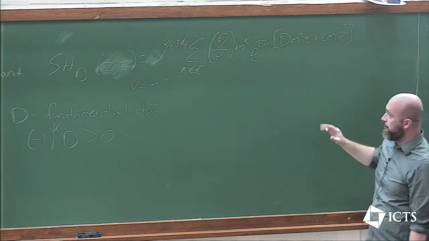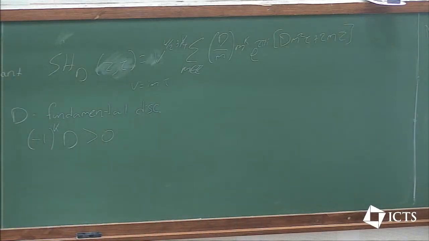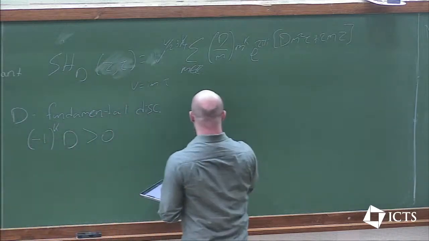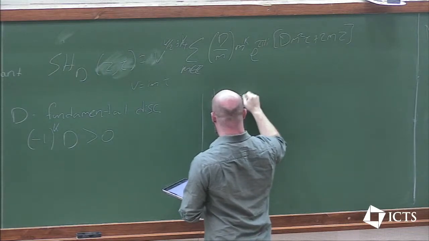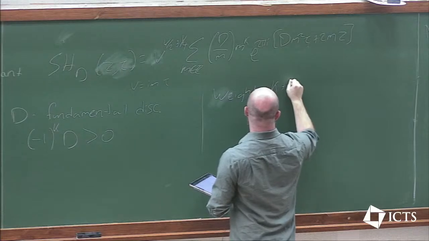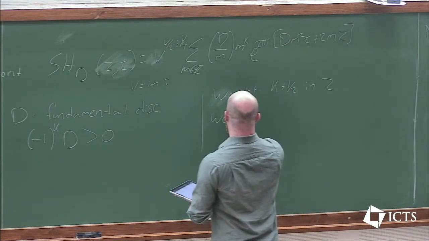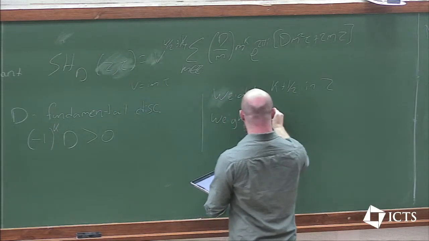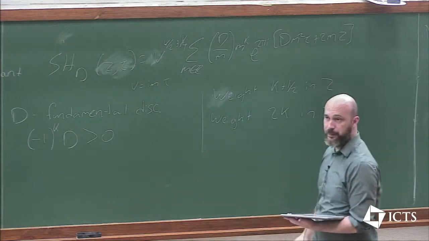Now this one is again weight k plus 1/2 in the z variable, and it's weight 2k in the tau variable.